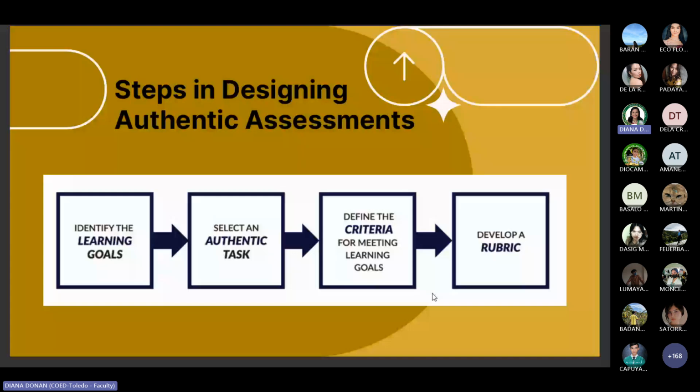Okay? So after choosing the task, you need to define clear criteria that describe what successful performance looks like. So this step answers the question, what does good work look like? Kung saan man nimo pag grado sa imong student. You may define the criteria. For example, you will put there creativity, relevance to the real world situations, collaboration, and effort.